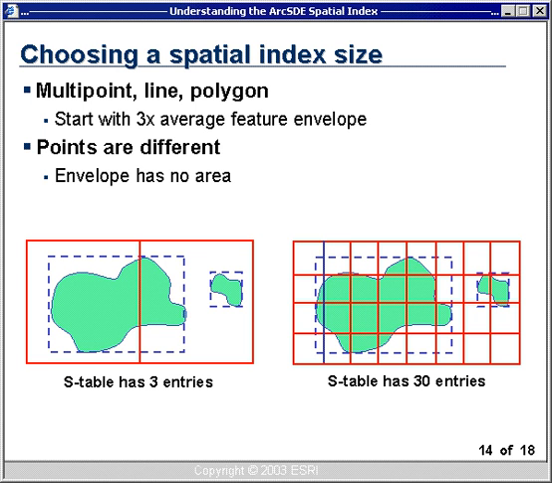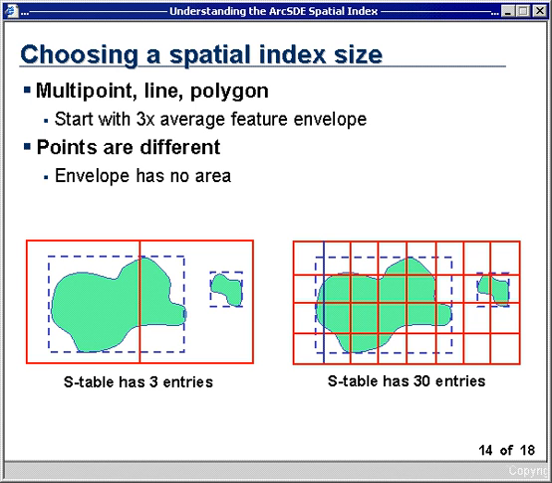If we look at the other example with much smaller grid tiles, where the grid tiles are definitely smaller than the average feature envelope, our index is very selective, but it's 10 times the size. And if you were to multiply that up by all of your features, you'd wind up with a much larger table. It's taking up more space in your database. It's going to take longer to query.